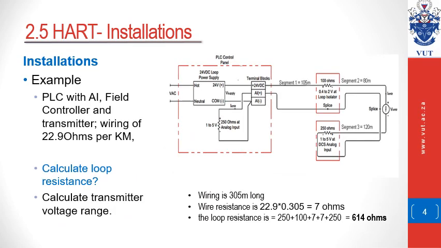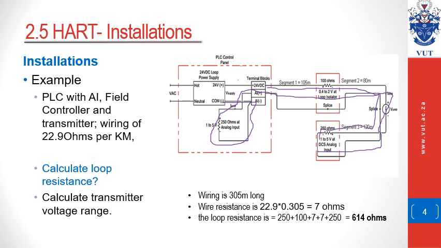Now let's look at calculating the loop resistance. If we look at the circuit from the positive terminal of the power supply, the circuit goes through the wiring, through the 100 ohm resistor, down through the 250 ohm resistor, back, and then through the 250 ohm resistor and back to the negative terminal of the power supply.